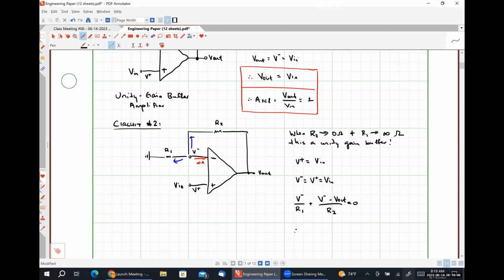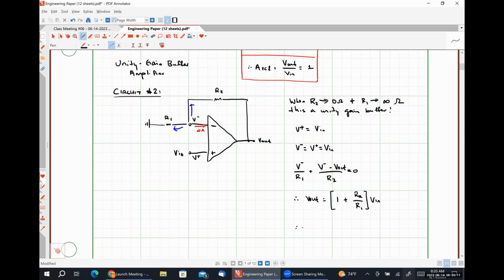And using a little bit of algebra and substituting in that Vn is equal to V minus, what we will find is that V out will be equal to 1 plus R2 over R1 times Vn, giving us a closed loop voltage gain, AVCL, of V out divided by Vn is equal to 1 plus R2 over R1.